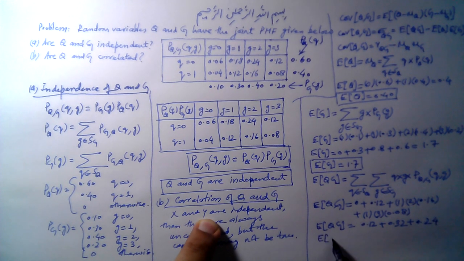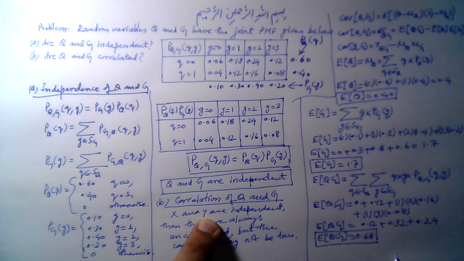The expected value of QG comes out to be 0.68. This is also called the correlation of QG.